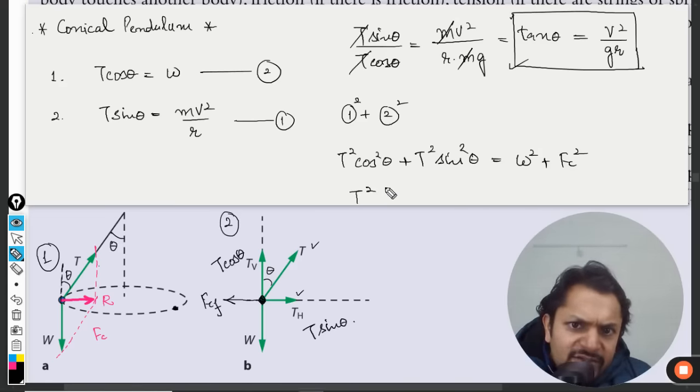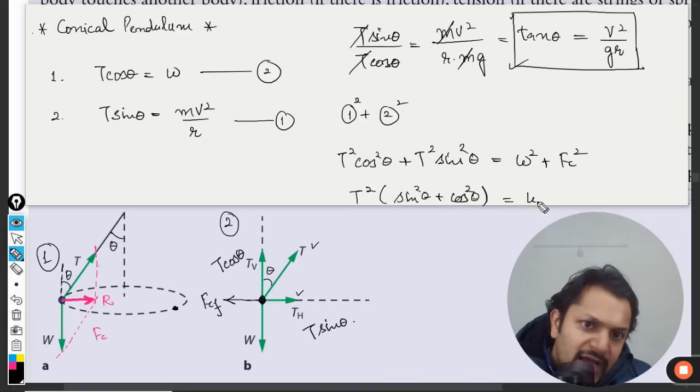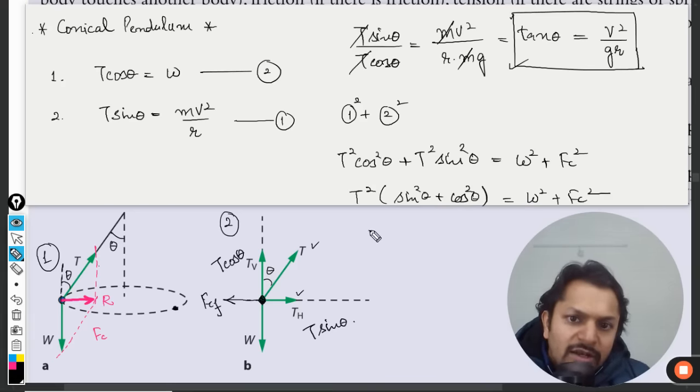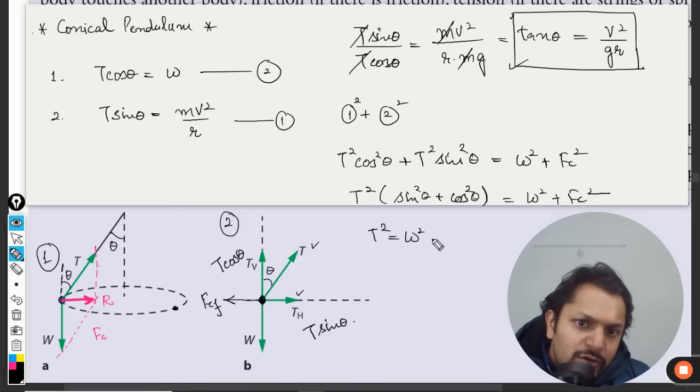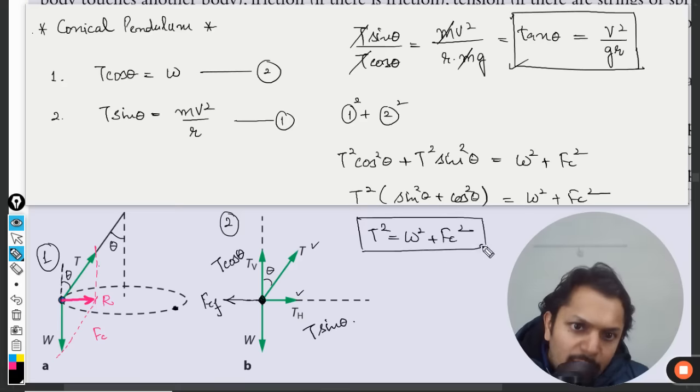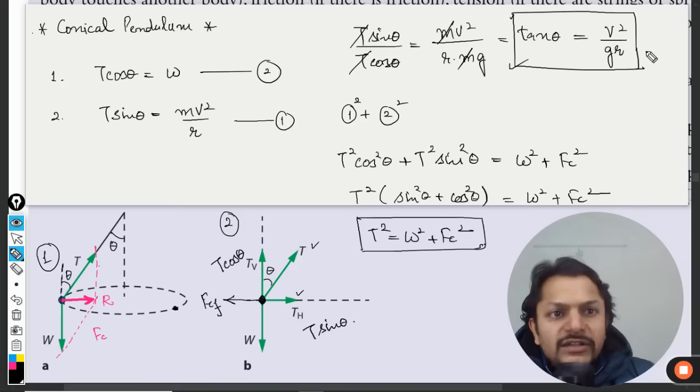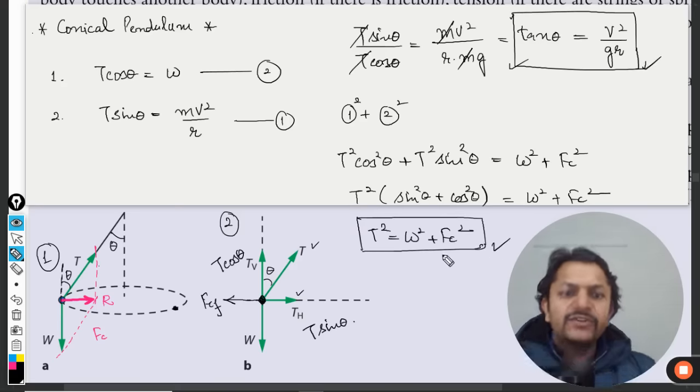Here we can take T square common. It will become cos square theta plus sine square theta, which is an identity we know, and this is W square plus Fc square. So this becomes 1. So clearly T square is equal to W square plus Fc square. Okay, so these are the two equations that we wanted to find.